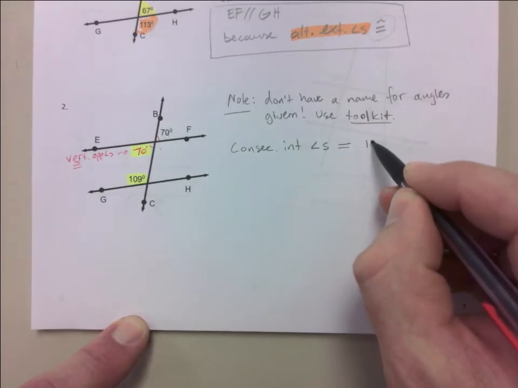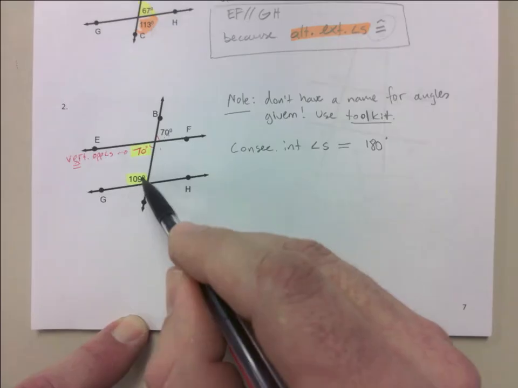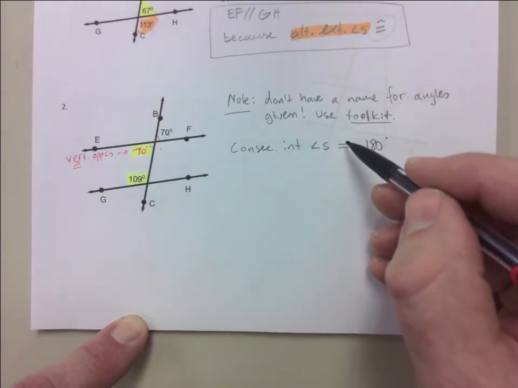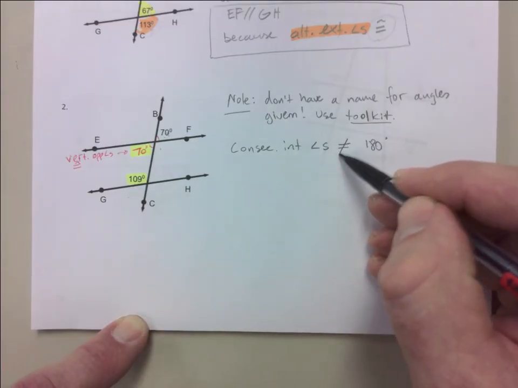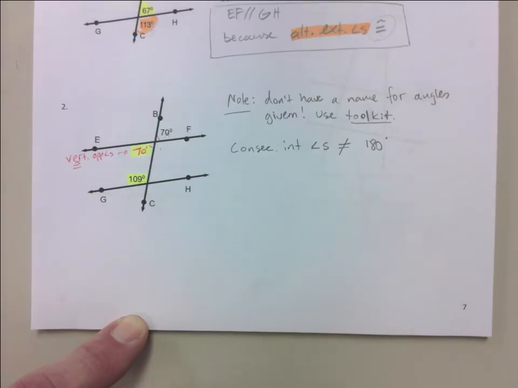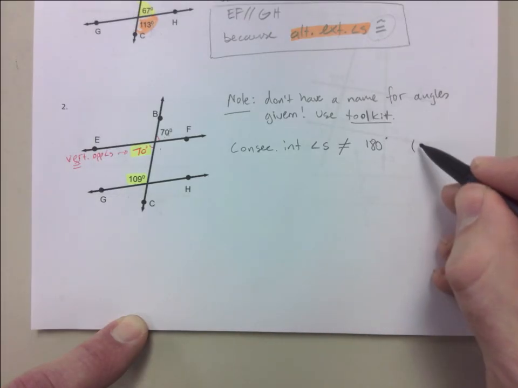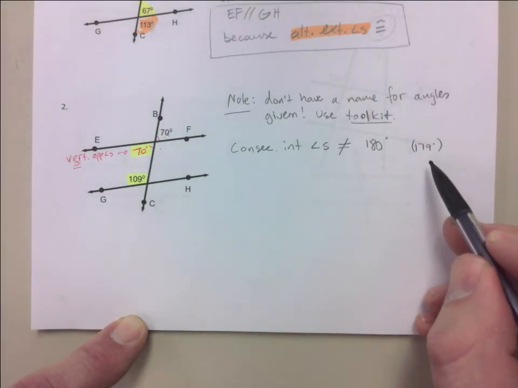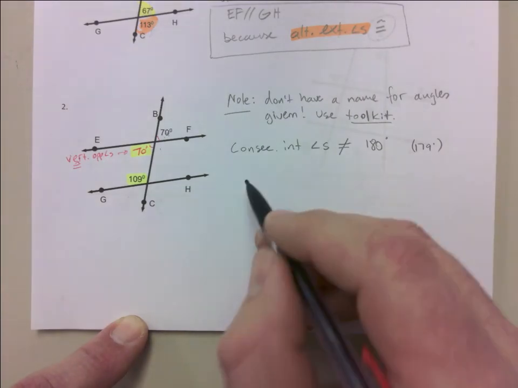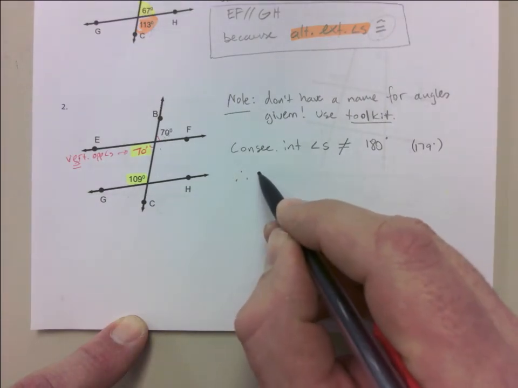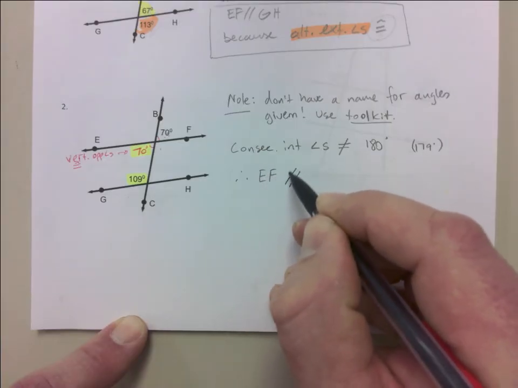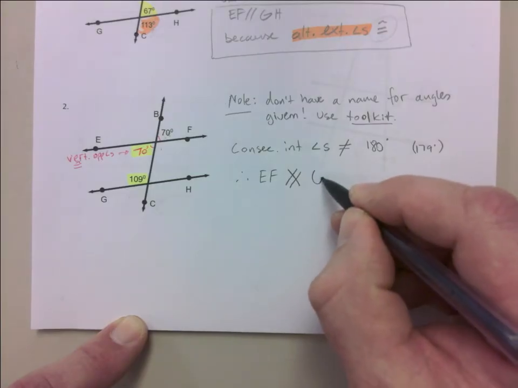Are these two equal to 180? No, it's 179. So I'm going to say the property that I know about them is not true. It is actually 179 if you want to write down on the side what the sum is. Therefore, in this particular case, we would have to say that EF is not parallel to GH.